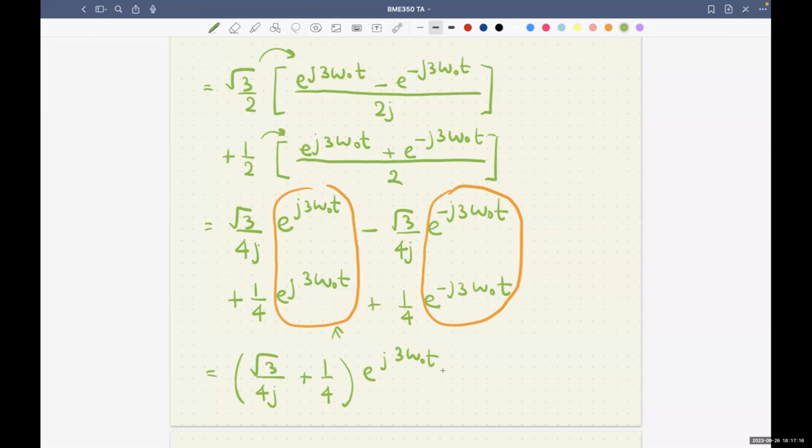And for the second term, I will have negative root 3 over 4j plus 1 over 4, the dual coefficient here, times the complex term e to the power of negative j 3 omega naught t.